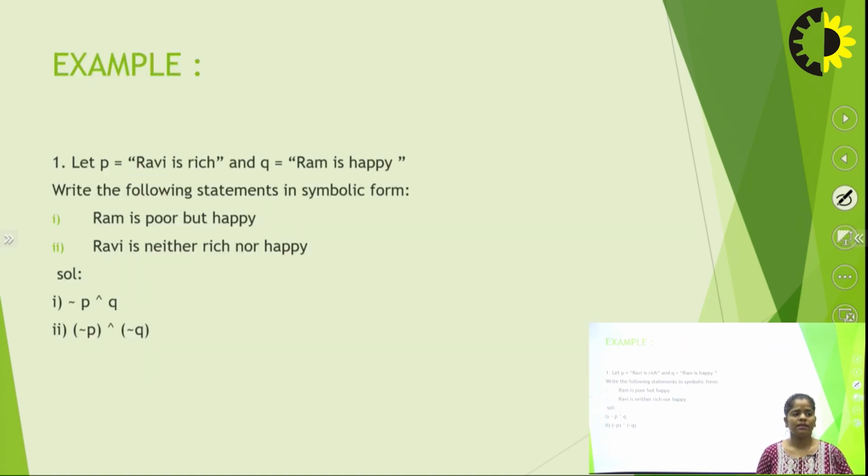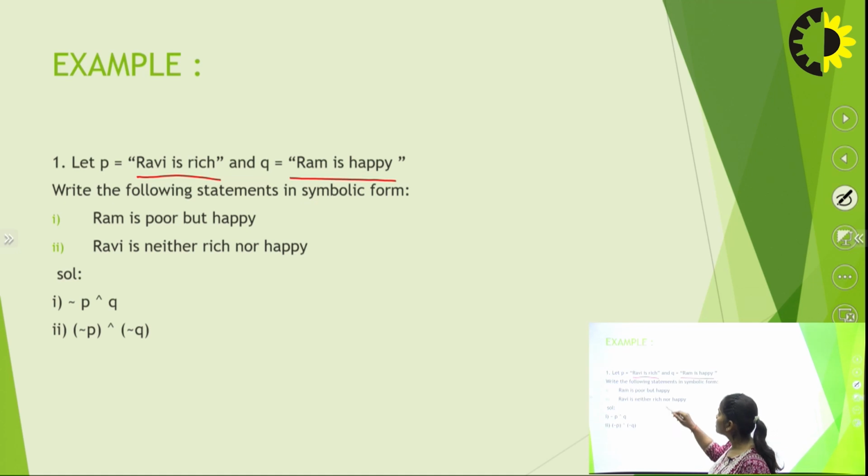So this is a basic example which we use here. Let P be Ravi is rich, and Q be Ram is happy. Represent the following statement in symbolic form. The first statement is Ram is poor but happy.